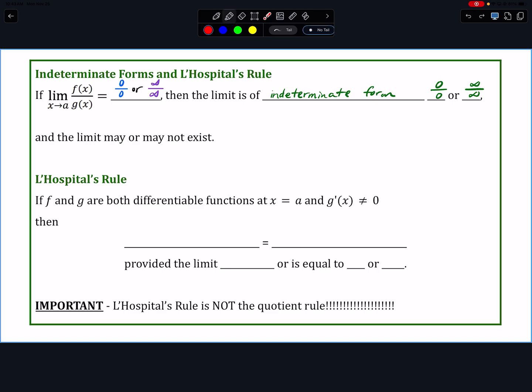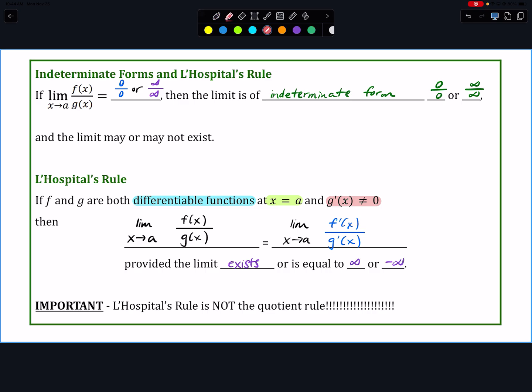If f and g are both differentiable functions at x equals a, and g prime of x is not equal to 0, then the limit as x approaches a of f of x divided by g of x is equal to the limit as x approaches a of f prime of x divided by g prime of x, provided that the limit exists or is equal to infinity or negative infinity. So this is L'Hopital's rule.